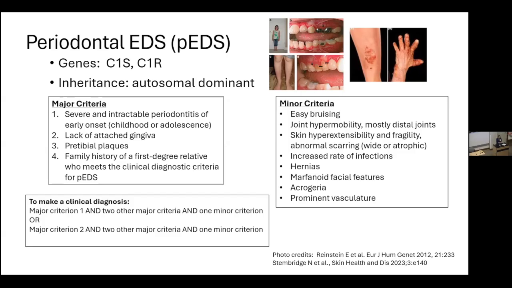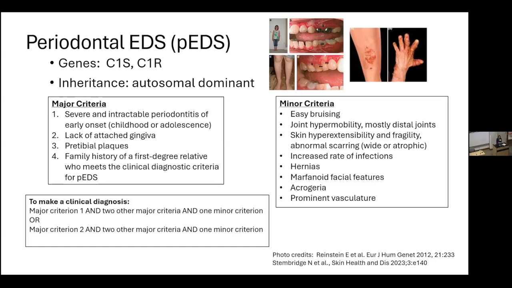So whenever I hear that story, immediately we're going to gene testing. There are some skin findings that are typical of the periodontal type, these pretibial plaques that you can see on the upper right-hand side of the slide. And then the other major criterion is the family history of a first-degree relative who meets the clinical diagnostic criteria for periodontal EDS.